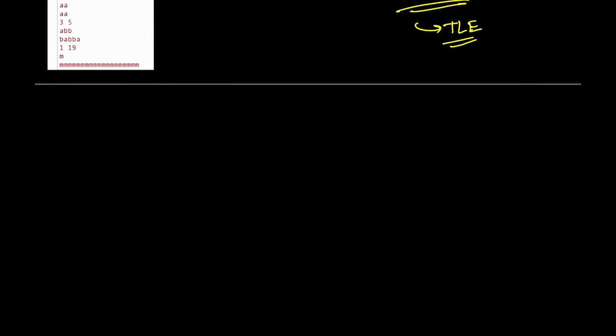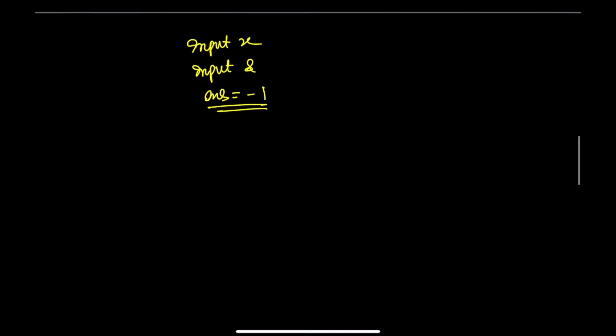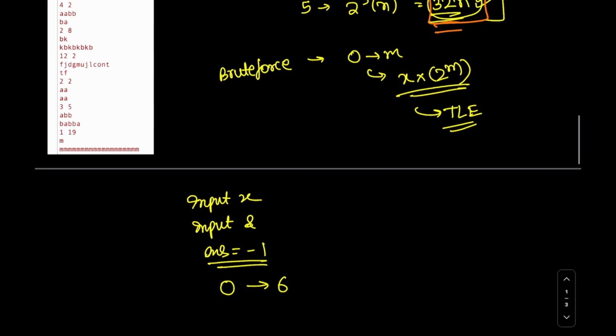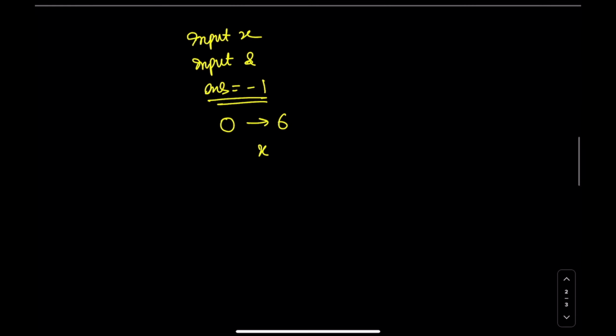So let's go to the code part. We'll have an input x, an input s, and an answer variable that we assign as -1. We'll run a loop from 0 to 6, where 6 is not included. We can also include 6, but it's not a problem. We'll append x to the back of x every time.